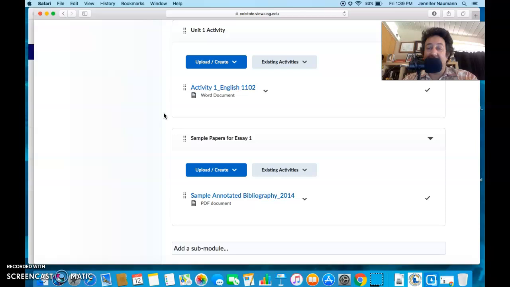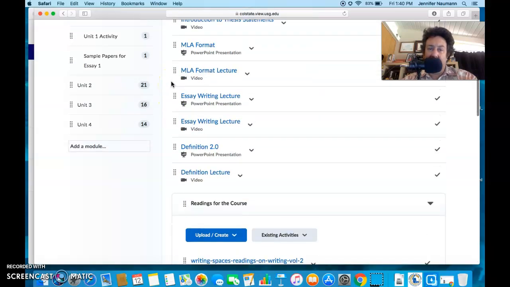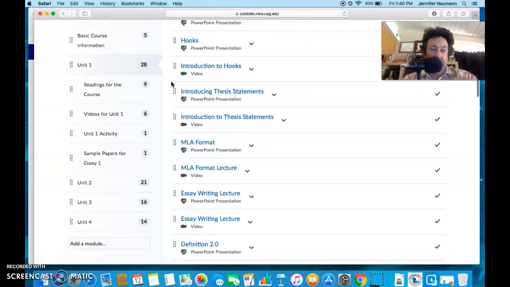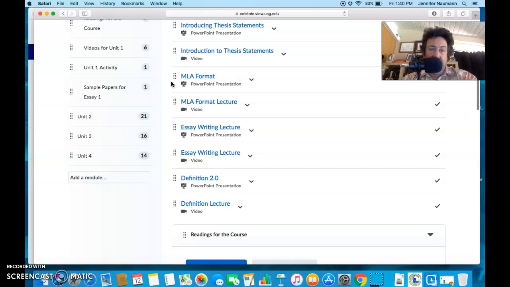The activities are very important, and mainly they're also important because they help you as a stepping stone to help create your essay for each particular unit. And so here you'll see the sample paper, which is here, the Unit 1 activity. Okay, and they basically all look like that.